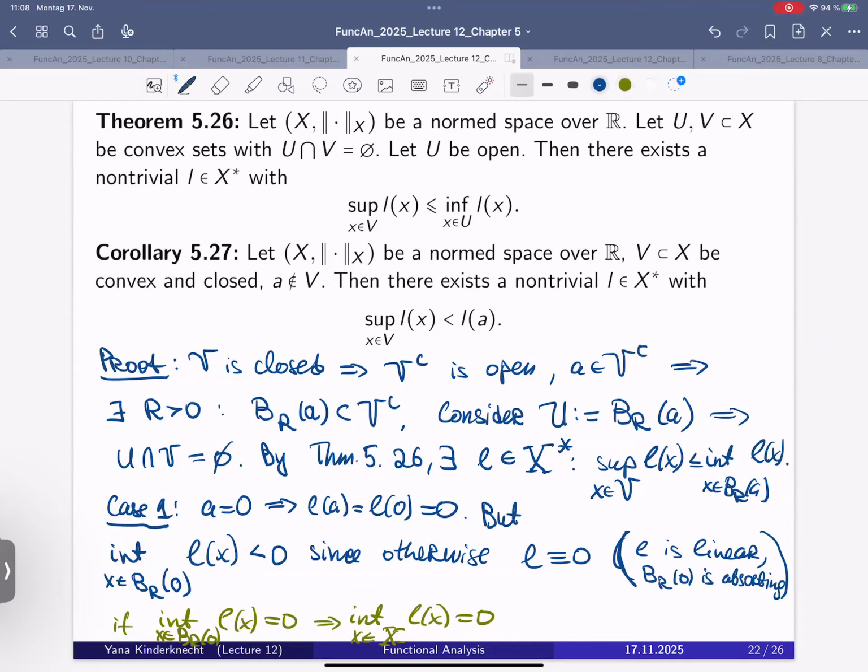Let me write down case two just here. Case two, we reduce to case one by translation and linearity.